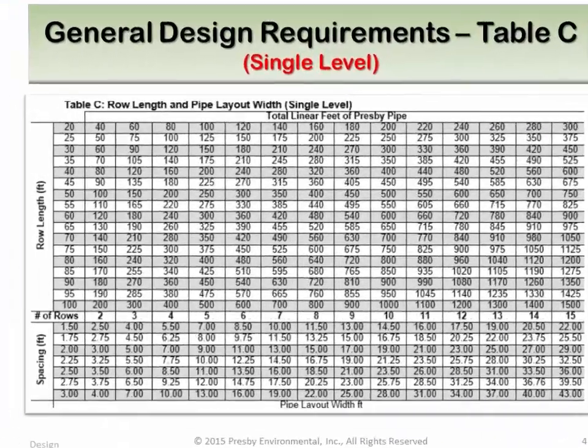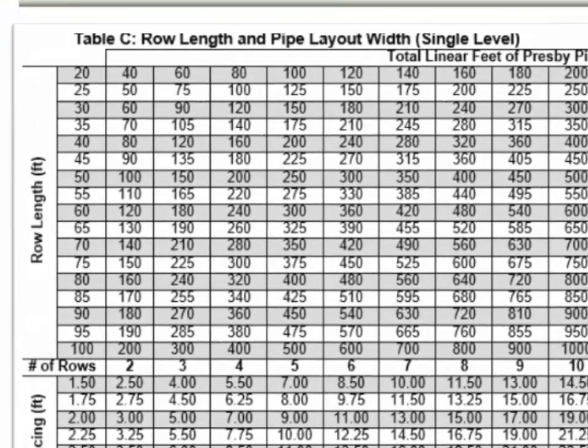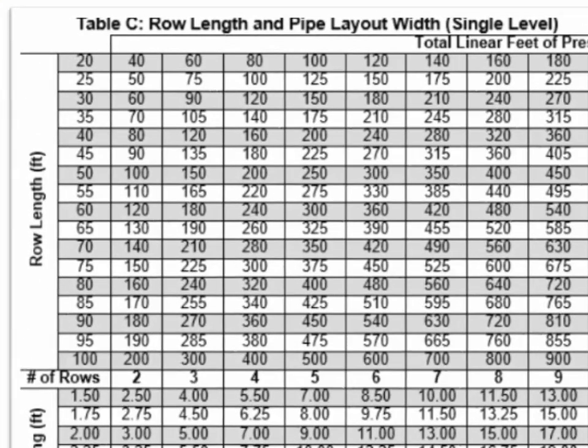Table C is used only for single-level systems and provides a quick way to find the number of Presby rows for a given row length. It also helps to find the pipe layout width for a given row spacing. To use the table, find your selected row length in the far left column and move right until you intersect a column that shows at least the minimum amount of Presby pipe required.